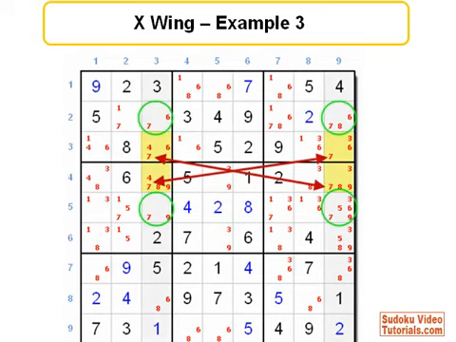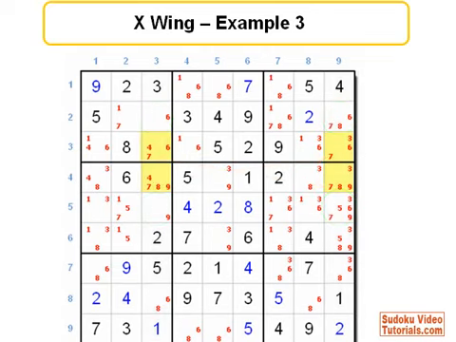Now, based on the X-Wing rule, we can eliminate the 7s from columns 3 and 9. Once these 7s are eliminated, we're left with a single choice over here and here. So cell 23 must be a 6 and cell 53 must be a 9.